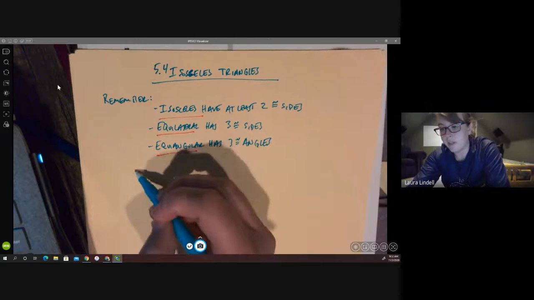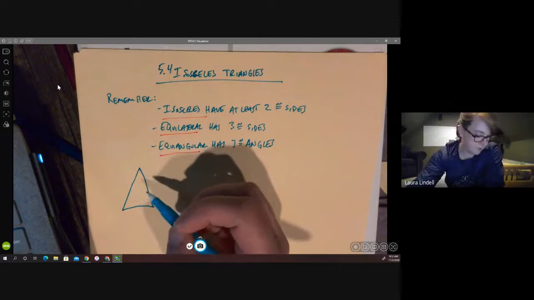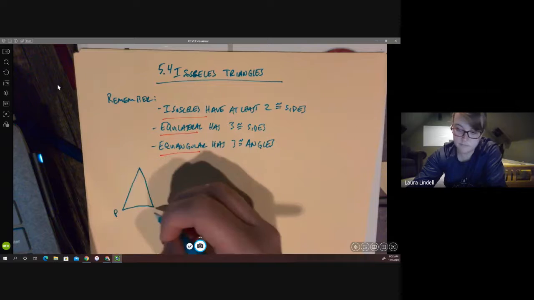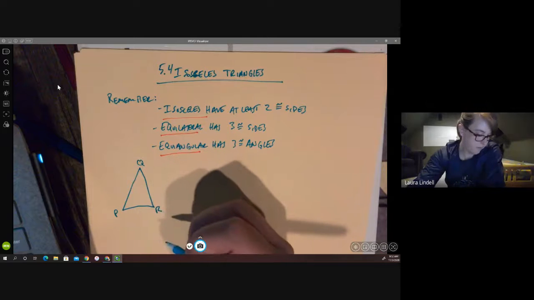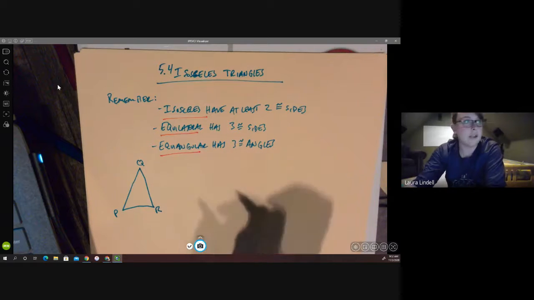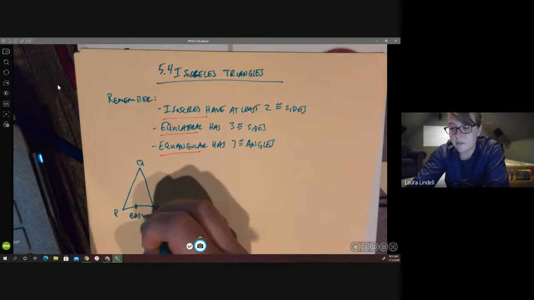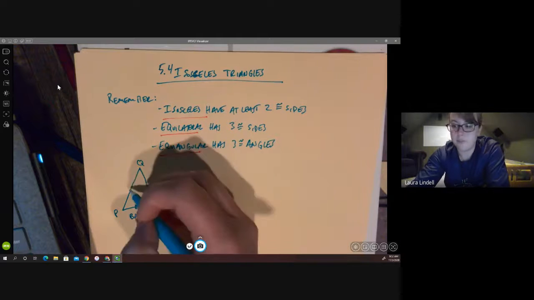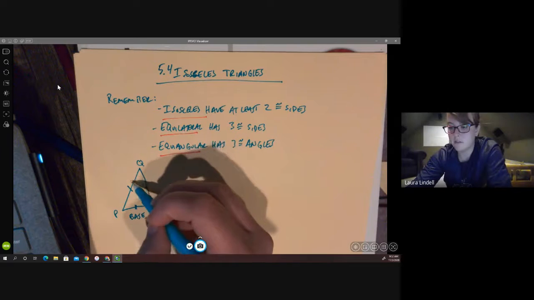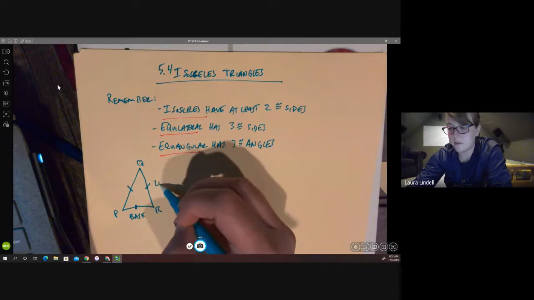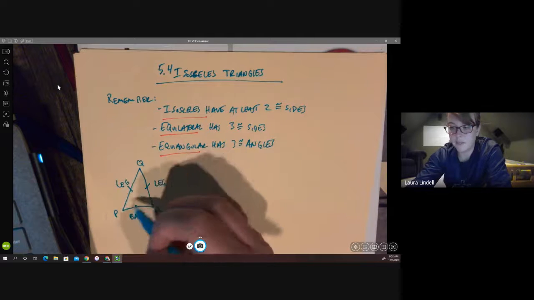And so let's think about the anatomy of an isosceles triangle. We're going to label the parts of the triangle. This side right here is called the base. And the 2 sides that are the same are called the legs. So we have leg, leg, base.